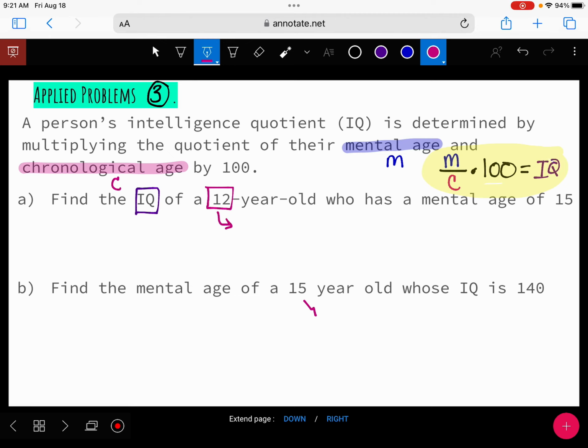The 12 is going to go in for C. And the mental age of 15, that one's going in for M in our formula we just wrote. So we're going to plug those pieces in. 15.